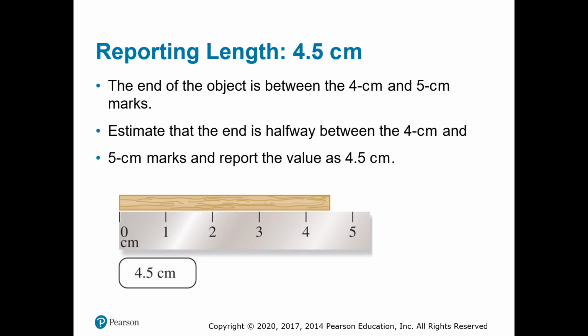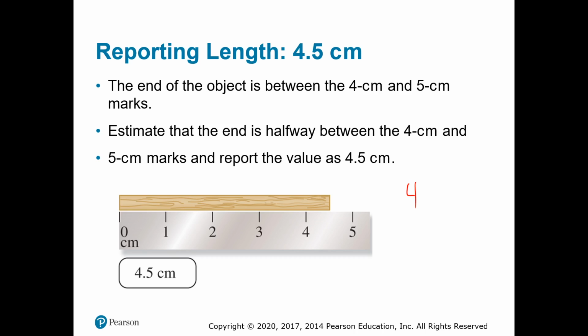So here is one example of a ruler. And if you remember, what you may have seen in the lab already, but if you haven't, when we look at measurement tools, we have two options. We have two things we can say. One, we can say the digits we're sure of, which is that we know this object is greater than 4 and less than 5. So that means I'm absolutely sure of this, the 4.